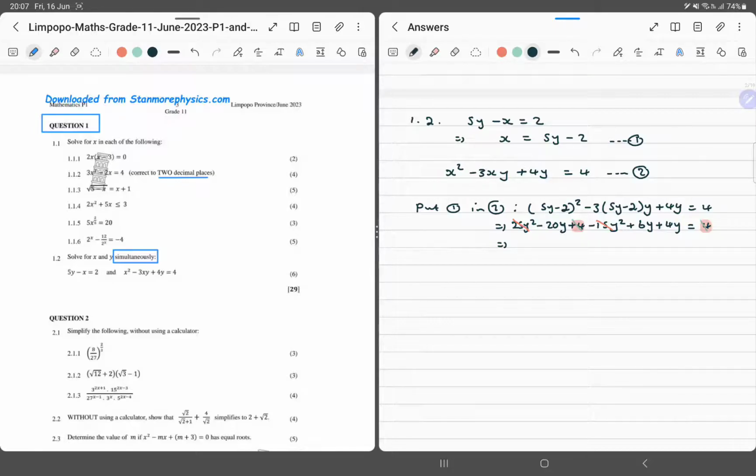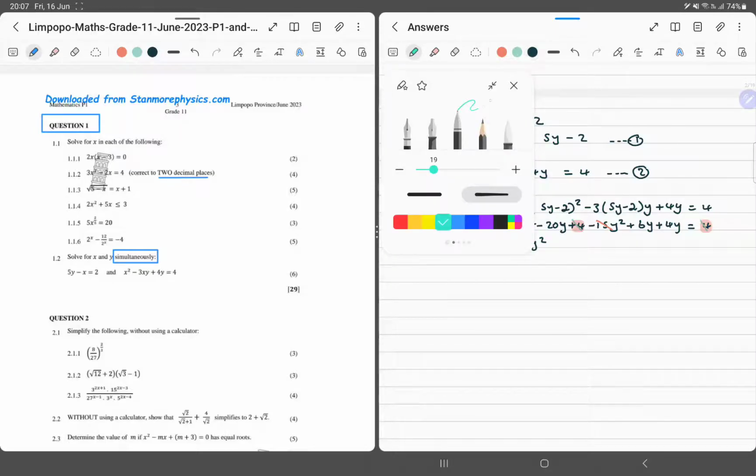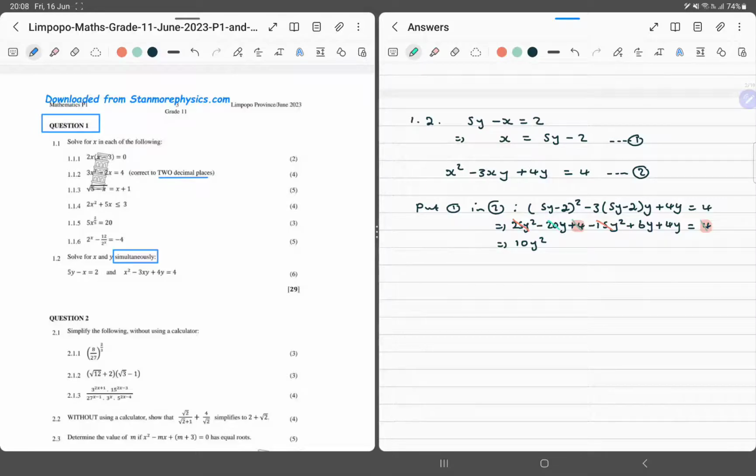No, 10. 25 minus 15 is 10. 10y squared. And then we're going to handle this one. We're going to say minus 20y plus 10y is going to give us a minus 10y is equal to 0 because the 4's fell off.